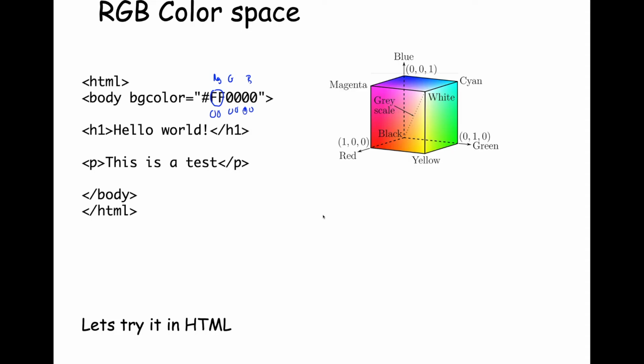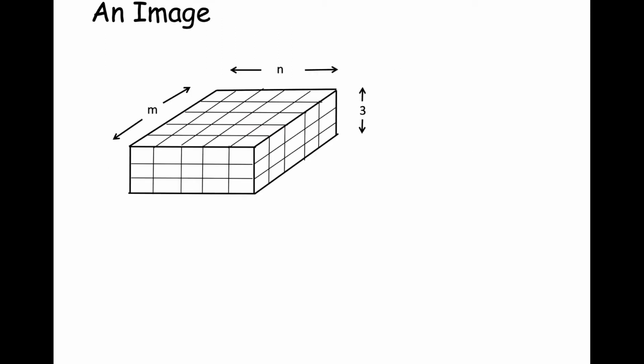So we're back in PowerPoint, and we've just shown how mixtures from the RGB color cube give rise to a certain color. So when we represent an image in a programming language, an image is represented as one of these stacks.